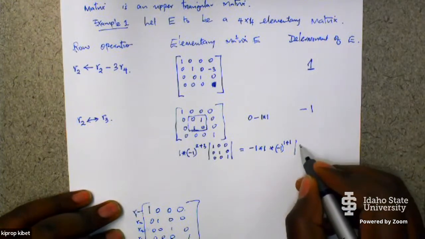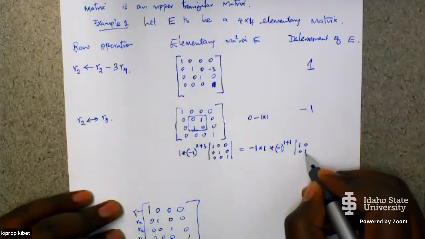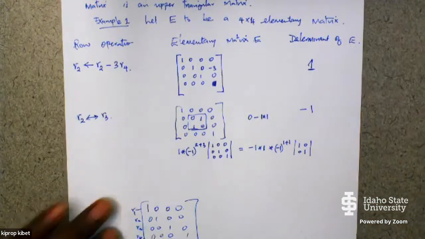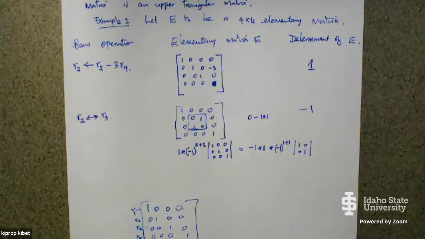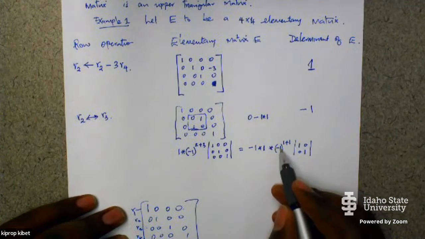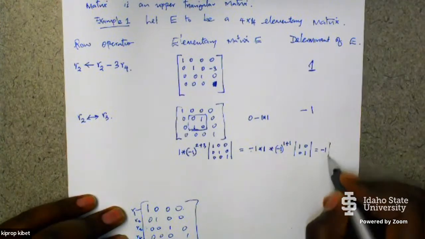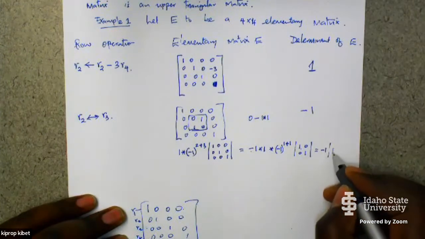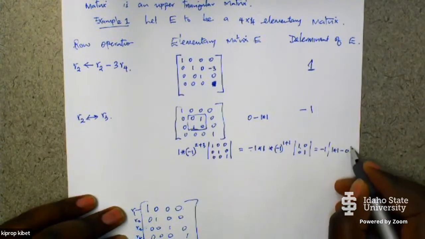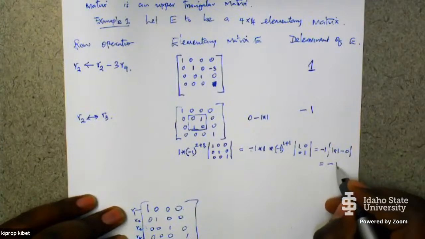And then determinant of 1, 0, 0, and 1, right? So this is 1, this remains -1. So this is equals to -1. And then determinant here is what? 1 multiplied by 1 minus 0, which will give us what? -1.